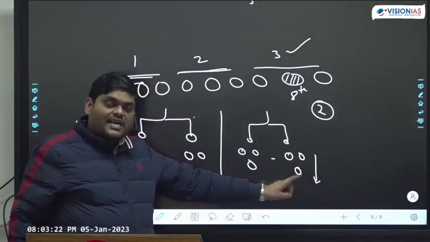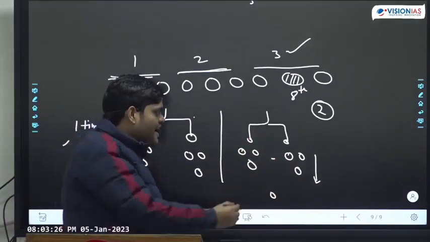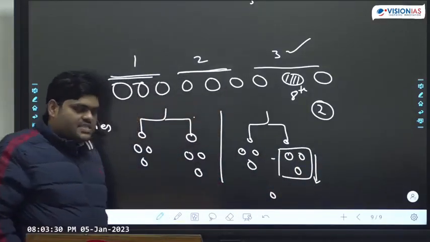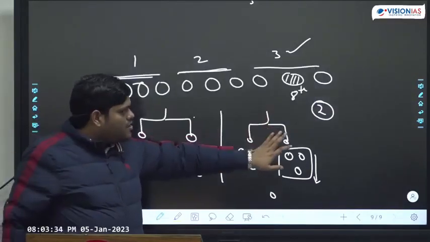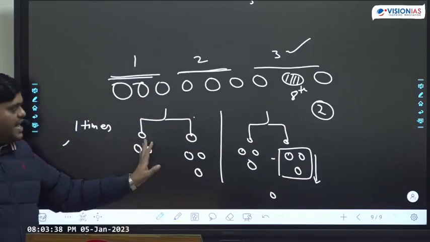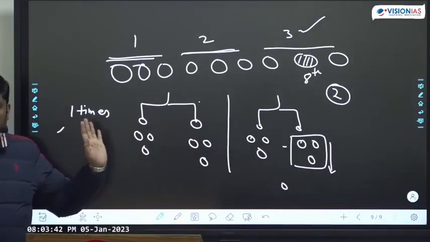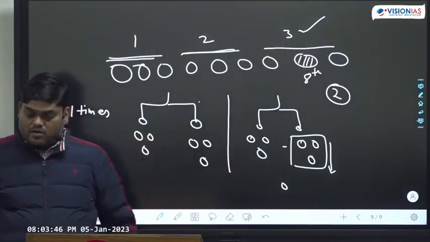That means in this case also we will identify that the heavier ball is in this lot. So either this case or this case will be there, but we are able to identify in which lot the heavier ball is.